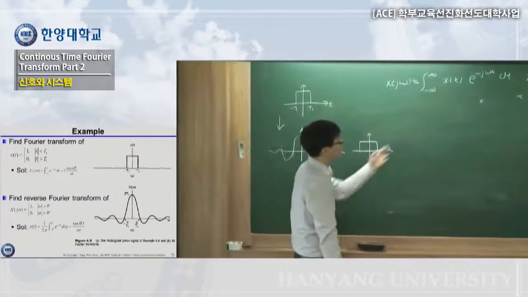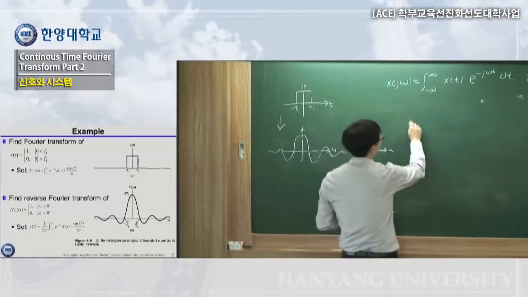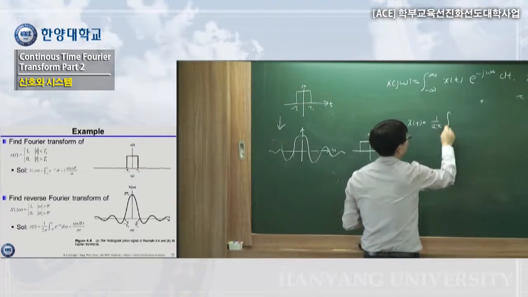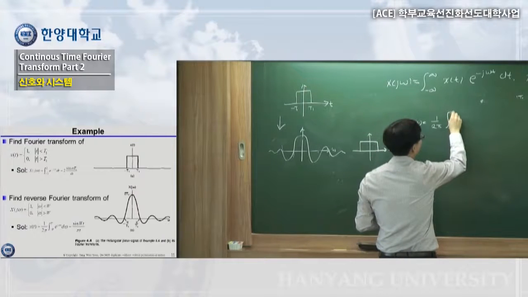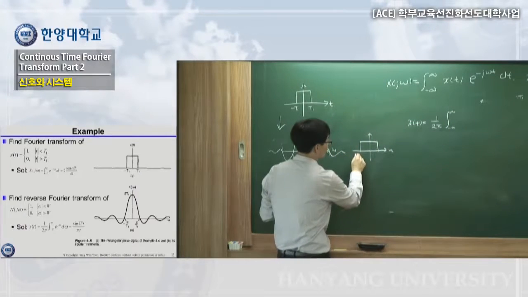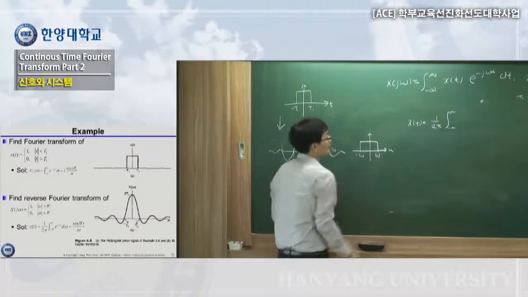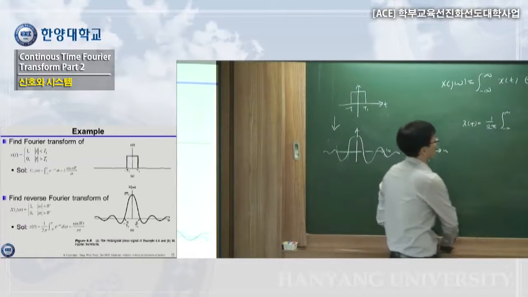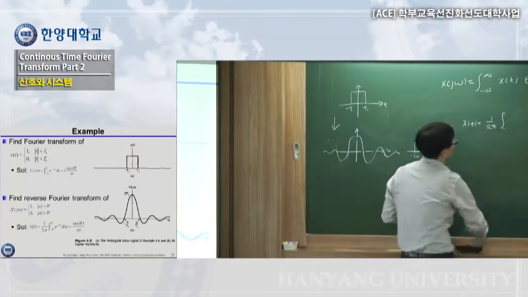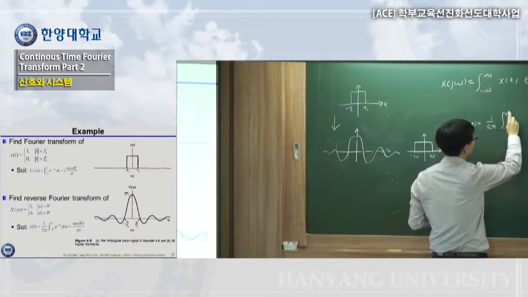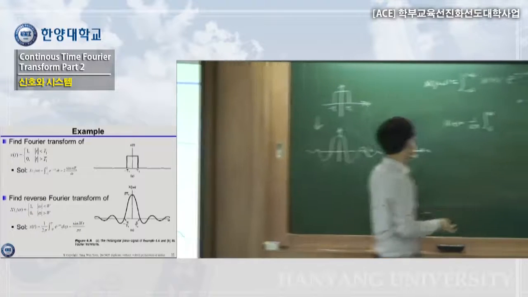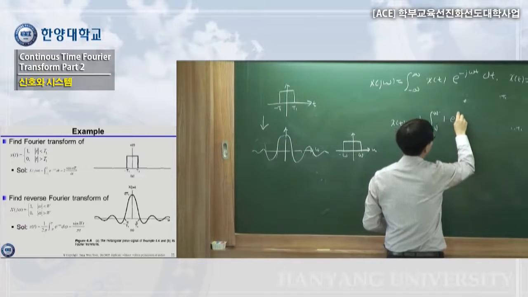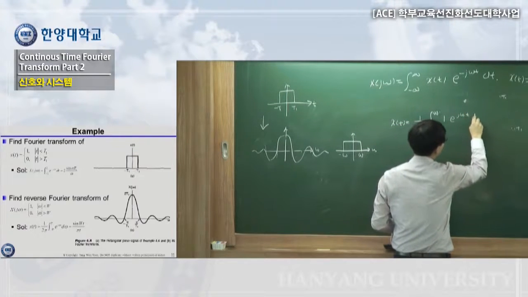So to calculate that, use the second equation, x(t) equals 1 over 2 pi, integral from minus infinity to infinity. Likewise, it is only not 0 from minus W to W. Therefore, we can change this to the integral from minus W to W of 1 times e^(j omega t) d omega.